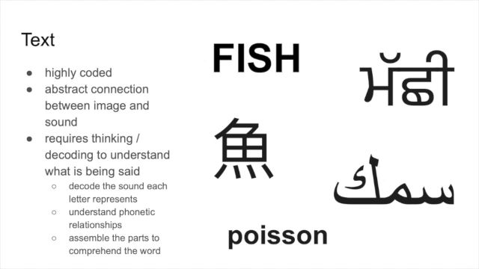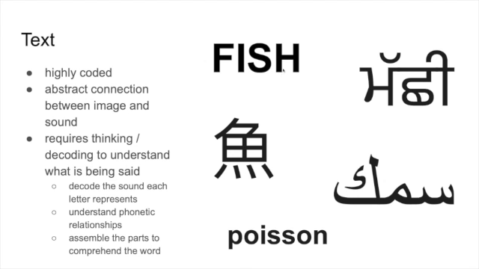So in order to understand the word fish, at least the very English word fish, I need to understand what this symbol represents. This symbol represents f. This one represents i, and this one s, and then h. But then I also need to recognize that there is a blend of sounds that happens here.